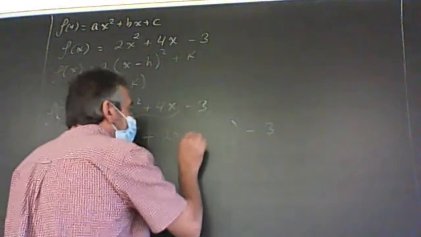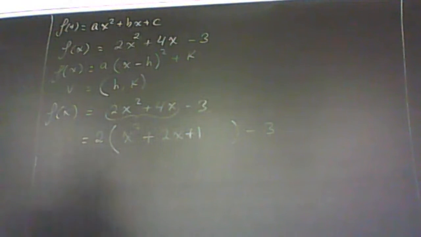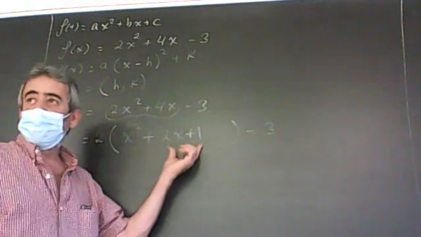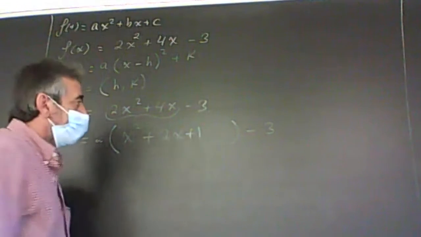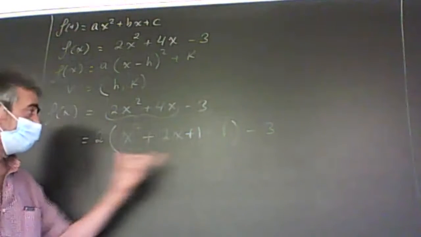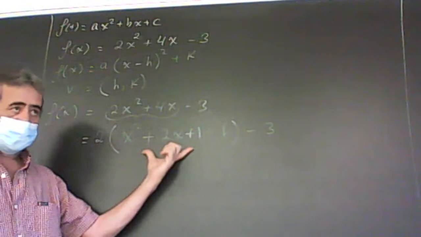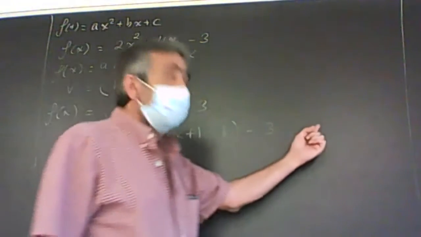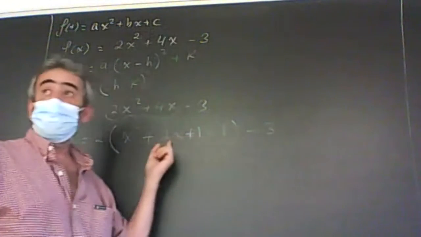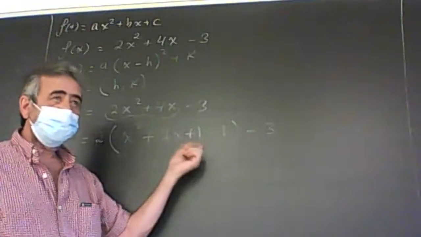So I'm going to add 1 to this. So now I have a perfect square, but I already added 1. To offset it, I'm going to subtract 1. Now notice all of this happened within the parentheses. The minus 1 is not going to go there. I'm doing it within what? The parentheses. Okay?